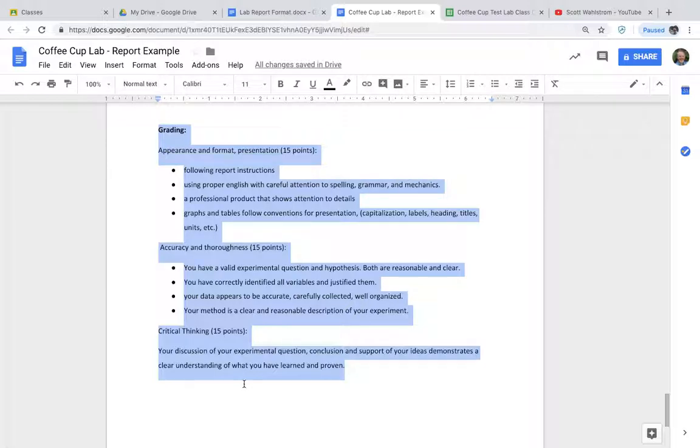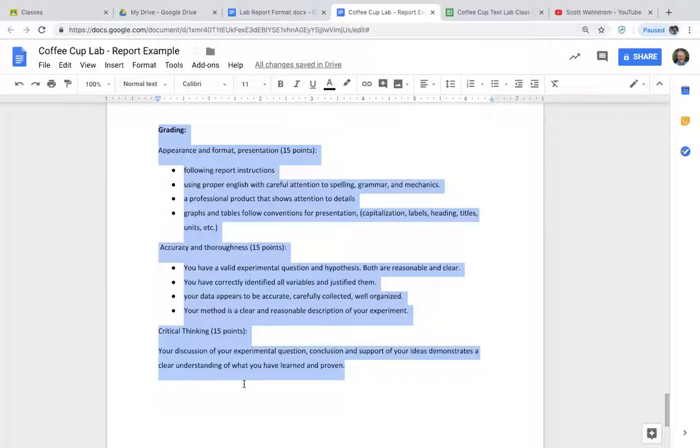Your graphs and tables should certainly be proper for presentation, including capitalization, labels, headings, titles, etc. You need to have used the information correctly to identify your variables correctly and put them in the right place. And you should use data to support your answers or your discussion throughout. Use actual numbers and units to support your claims about what is best and what is not the best.